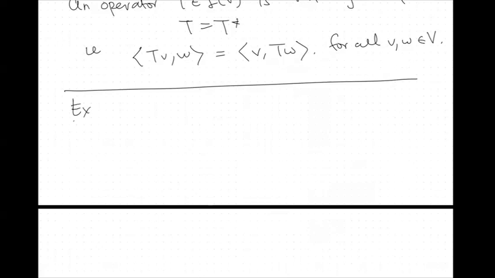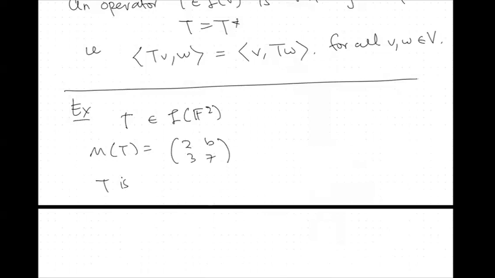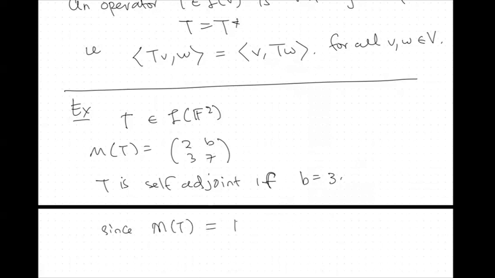So for example, we get T an operator on F^2, and the matrix of T is given by 2, b, 3, 7, and then T is self-adjoint if and only if b is equal to 3, because M of T must equal its conjugate transpose.